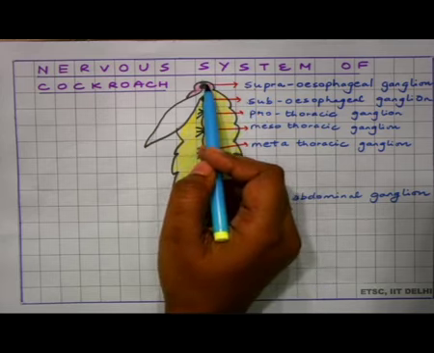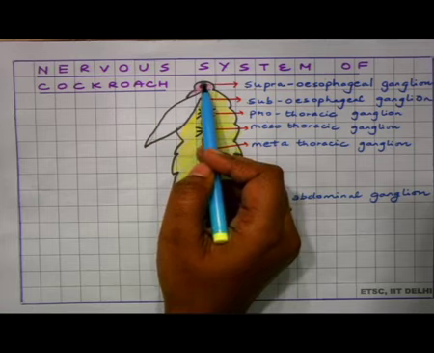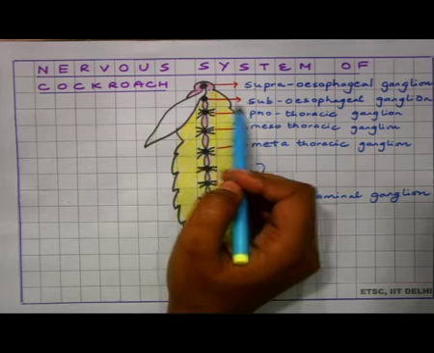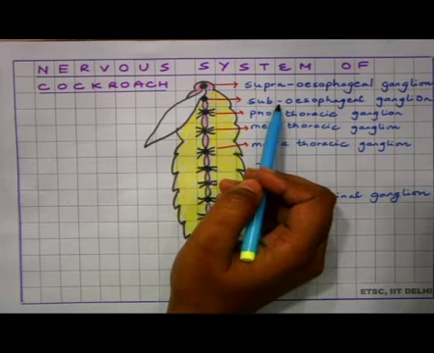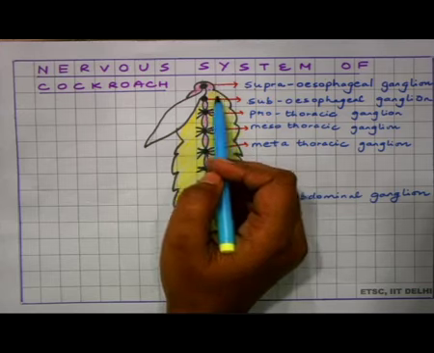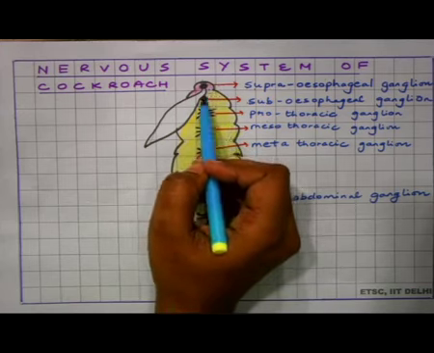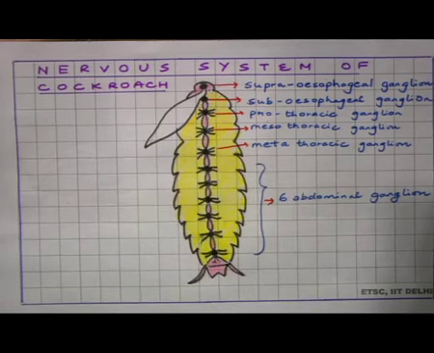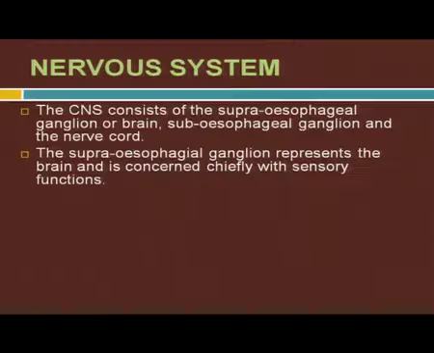The ganglion which is above the esophagus is the supraesophageal ganglion, and the one which is located below the esophagus is the subesophageal ganglion. So, these two form the central nervous system along with a commissure, the circumesophageal commissure, which connects them.